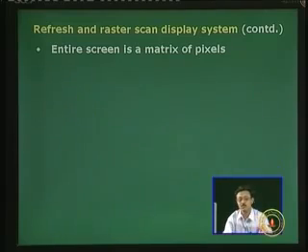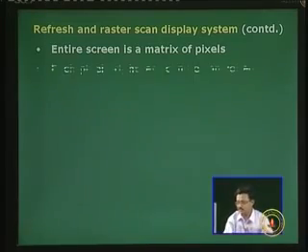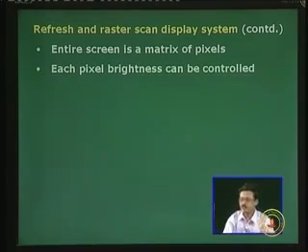That is the difference between the line based and the point based. Each pixel's brightness can be controlled. That is the same property of a monitor, as in the case of random scan or DVST. The brightness can be controlled by the strength of the electron beam firing at the point, and the strength of the electron beam controls the brightness of the individual pixel.